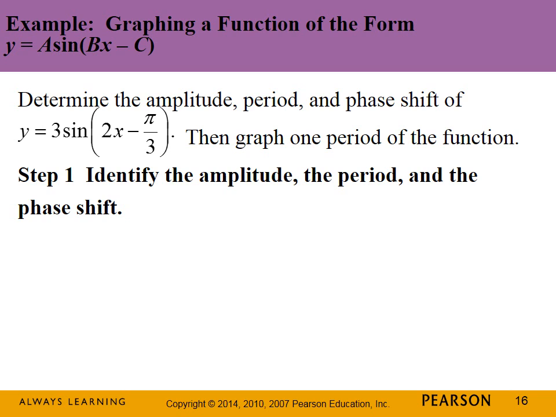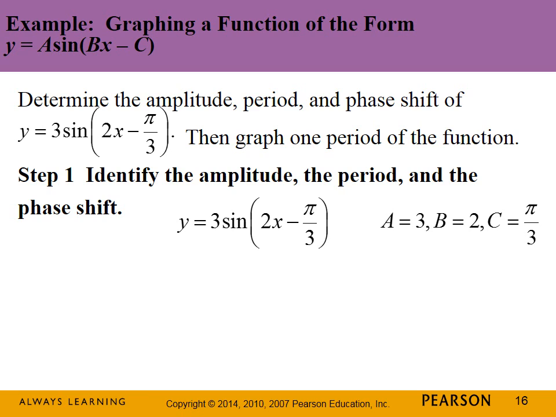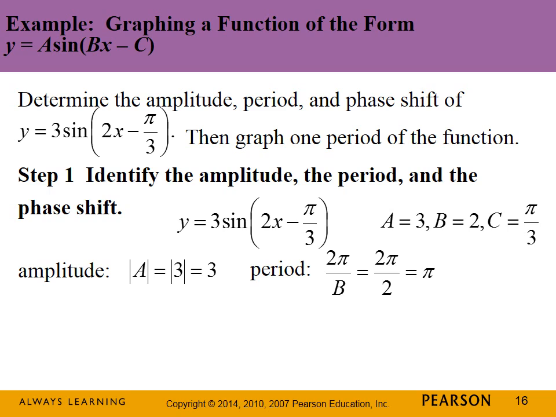Remember that the amplitude is the absolute value of a, which comes out to 3. The period is 2 pi divided by b, which comes out to pi. 2 pi divided by 2 is pi.